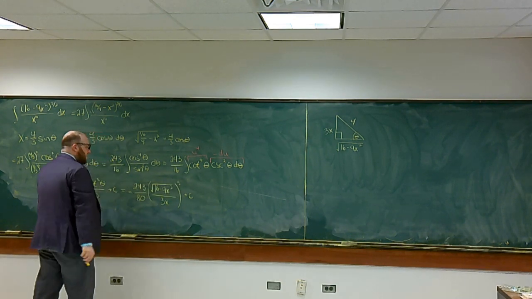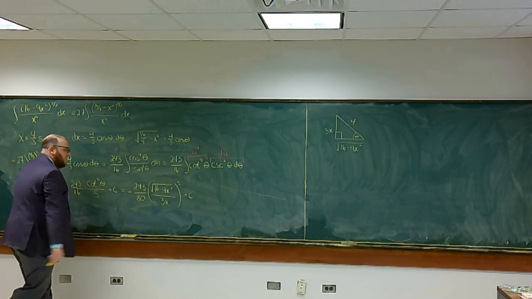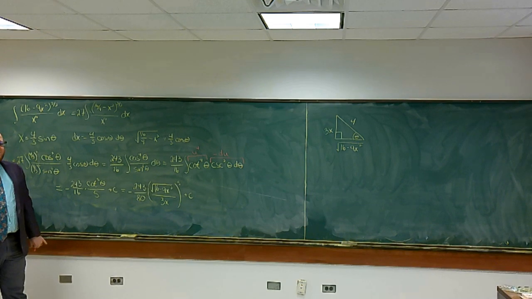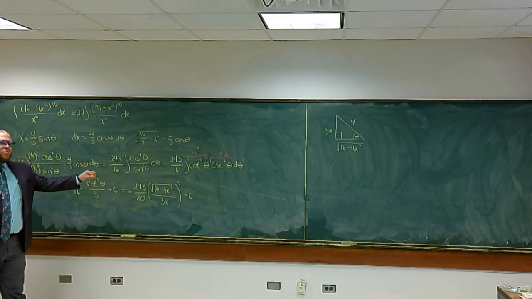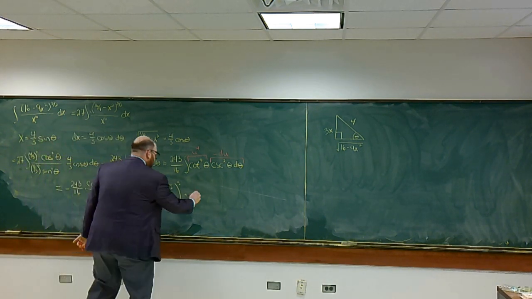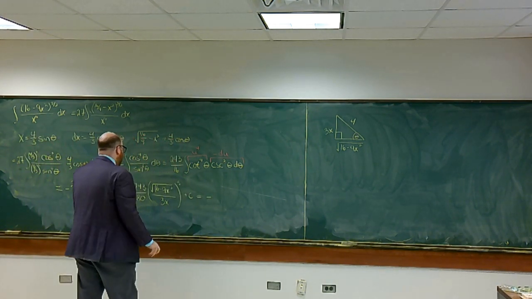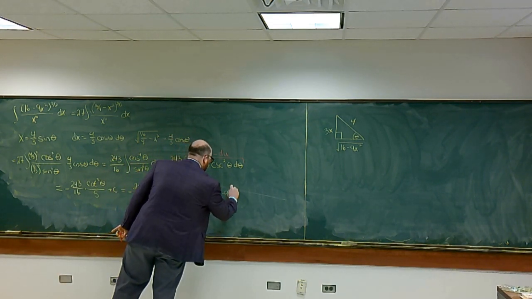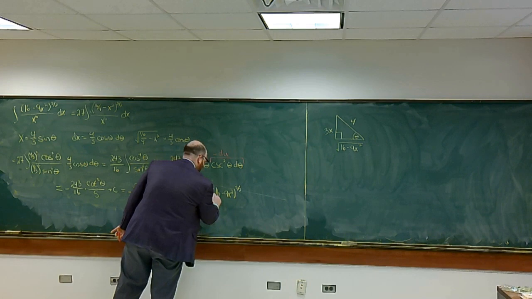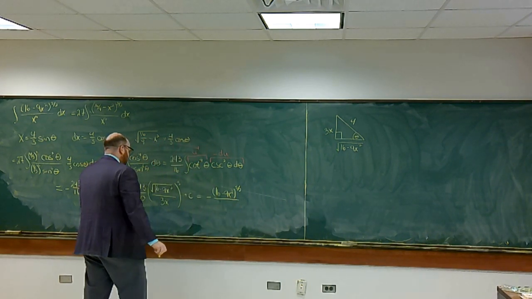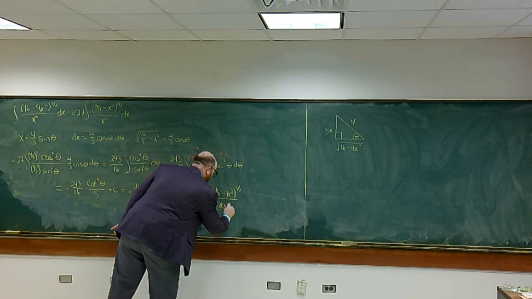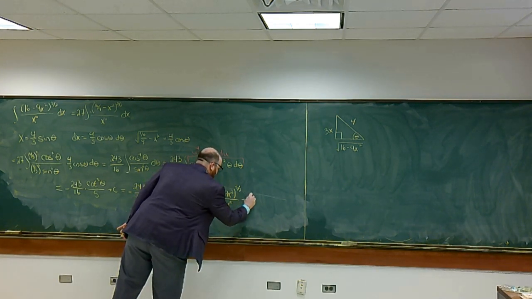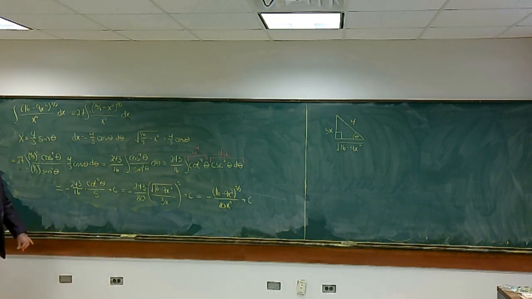What's 3 to the fifth? It's 243. Oh, interesting. So they're going to drop out. You get negative 16 minus 9x squared to the 5 halves over 80x to the fifth plus your constant.